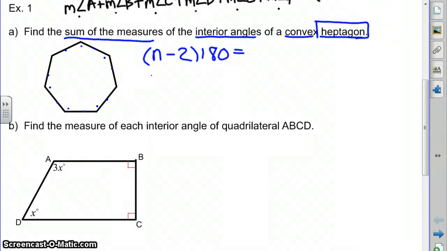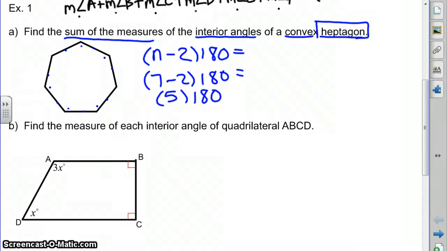That's going to be 7 minus 2 times 180 degrees, which is 5 times 180 degrees, which is 900 total degrees. So if I add up all 7 of my interior angles, it will equal 900 degrees. Now, how could I check this?